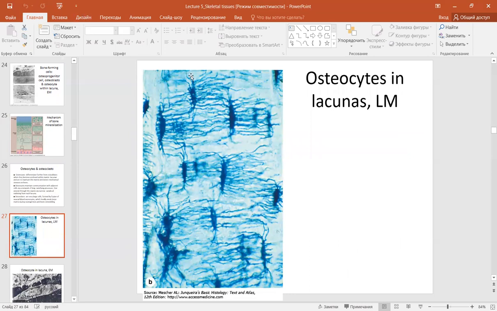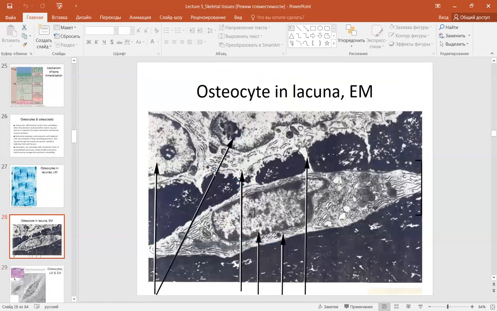Here you have a high magnification light micrograph of the osteocytes embedded in the lacunae, sending their processes into the bony canaliculi in order to contact the neighboring cells and form the functional syncytium of the whole living bone tissue.